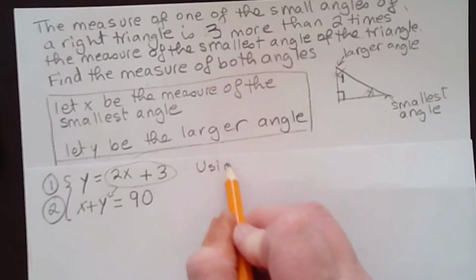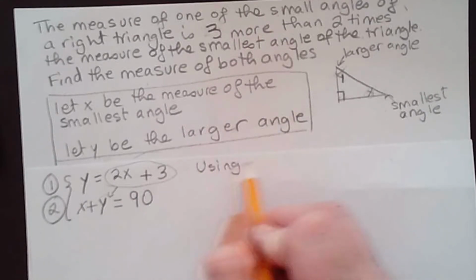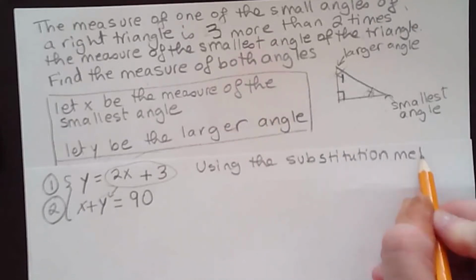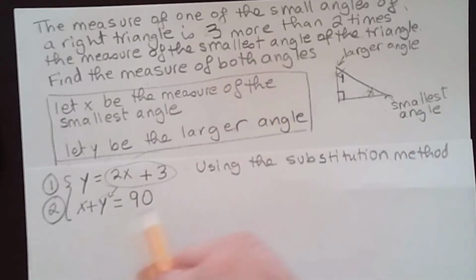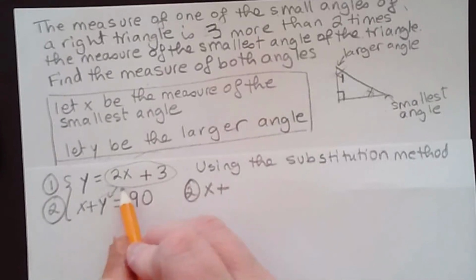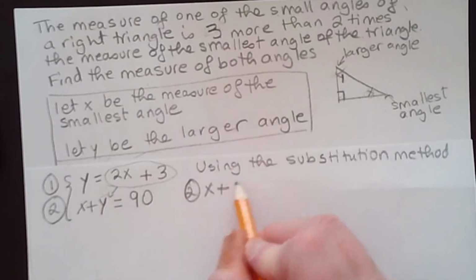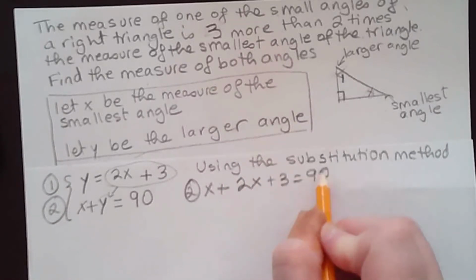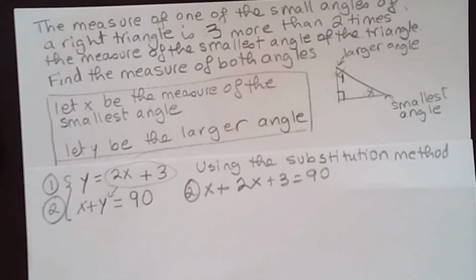So using the substitution method, the second equation becomes x plus y, and y is 2x plus 3. So I replace this y with 2x plus 3, equal to 90. If you notice, now I'm left with an equation with only one unknown, and that is x.